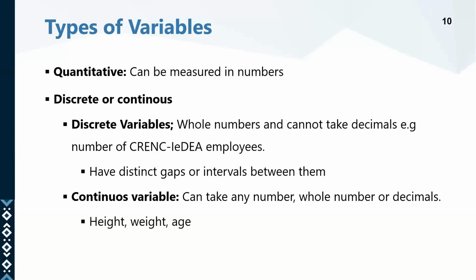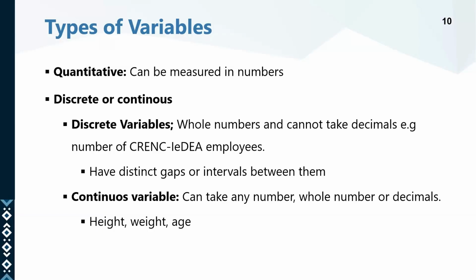That means, for example, if I say the number of Monday research call participants today, we can either be 20, 30, 25, but we cannot be 20 and a half because there is no half person attending. So we have whole numbers. If we take a variable to be the number of participants on this research call, we can call it a discrete variable because it only admits whole numbers. So it has distinct gaps or intervals between them.